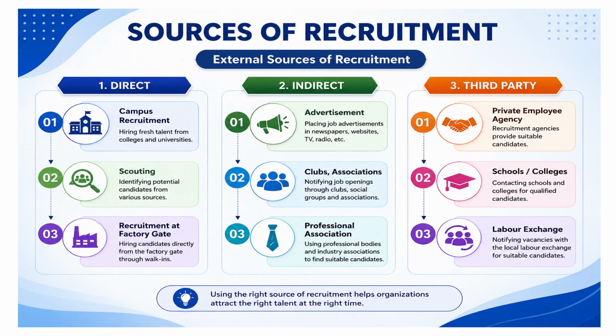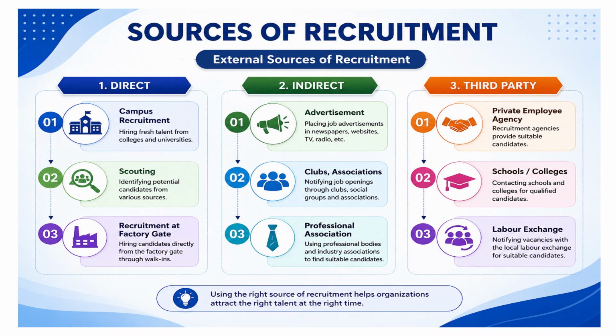Moving towards the third type of external source of recruitment, that is third party recruitment. Here, another organization acts as a bridge between employer and job seeker. Again, third party recruitment has three sub points. So let's discuss each one by one.